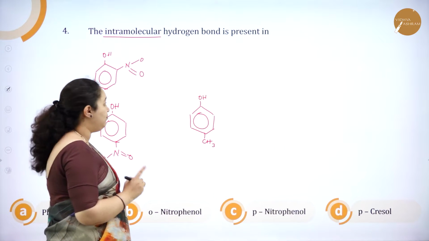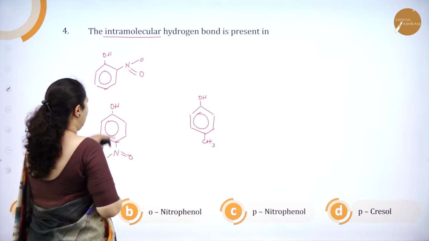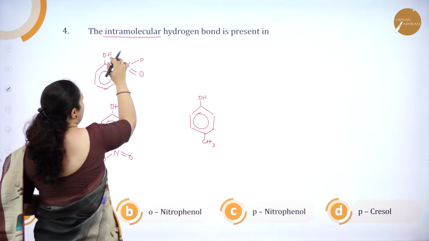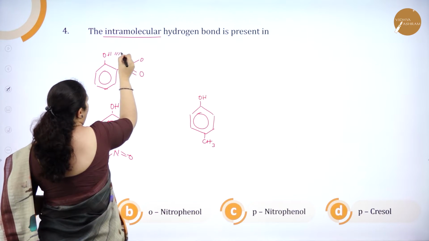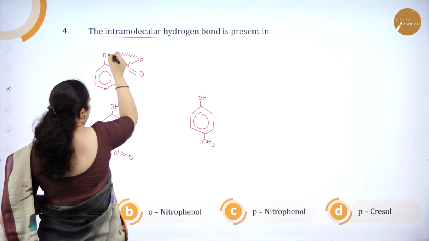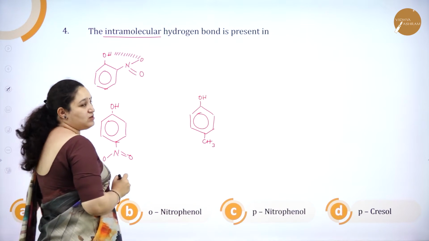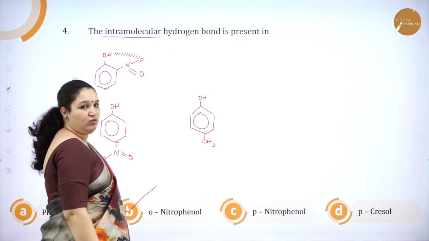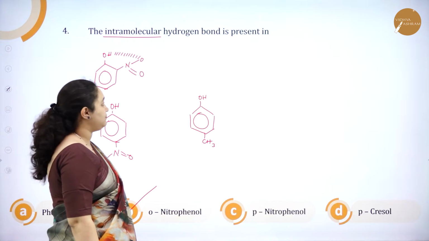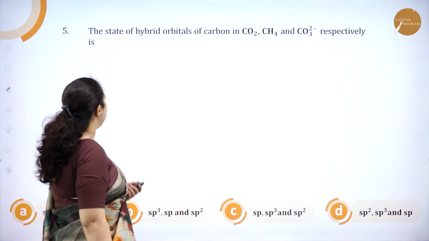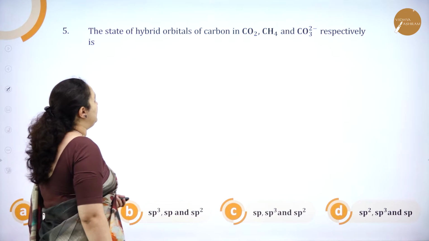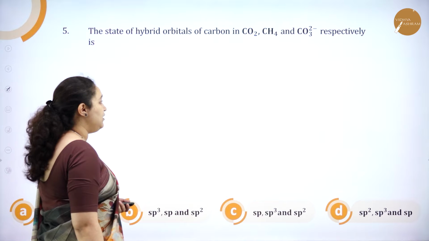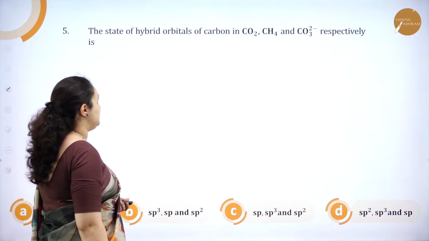Now where is it possible? Of course, here it is very far, here also it is very far, in the opposite direction. Only in ortho are they very close to one another, and the hydrogen bond can be formed between the hydrogen of OH and the oxygen of the NO2 group. So the answer is orthonitrophenol.